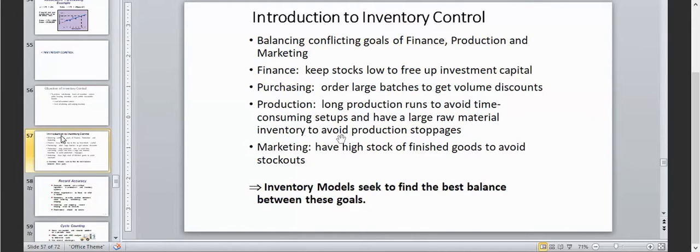Tapi sebenarnya untuk mengimbangi antara service level dan kos tu adalah sangat mencabar. Dan kita boleh lihat di sini bukan itu sahaja cabarannya. Cabarannya juga adalah untuk mengimbangi antara matlamat yang ada bagi fungsi-fungsi di dalam sesebuah organisasi.